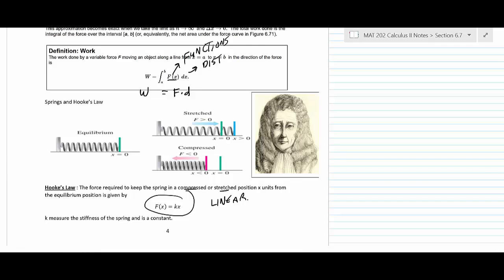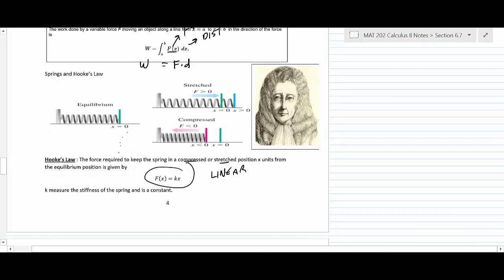Some springs are very hard to stretch, some are very easy, and it depends on the value of k. k is a measurement of how stiff the spring is. Okay, that's Hooke's law, kx.